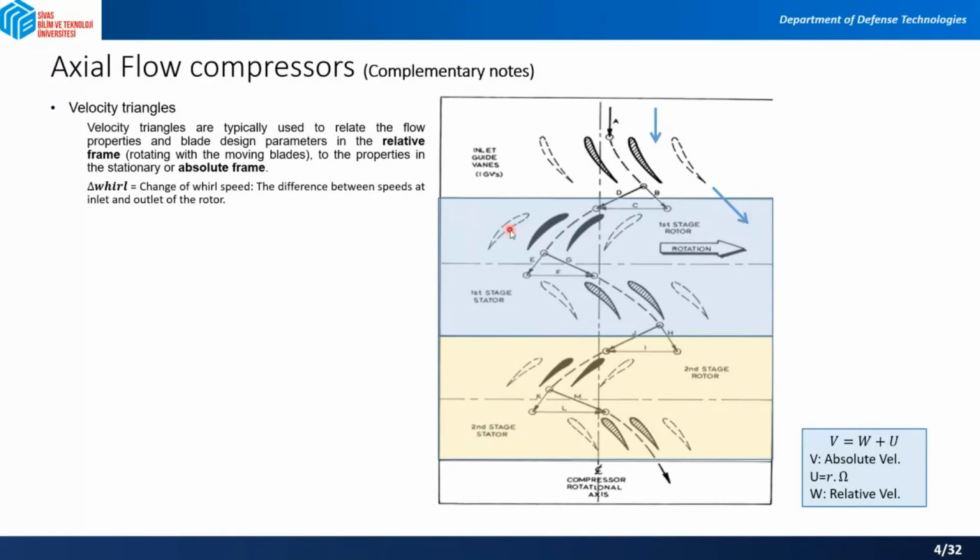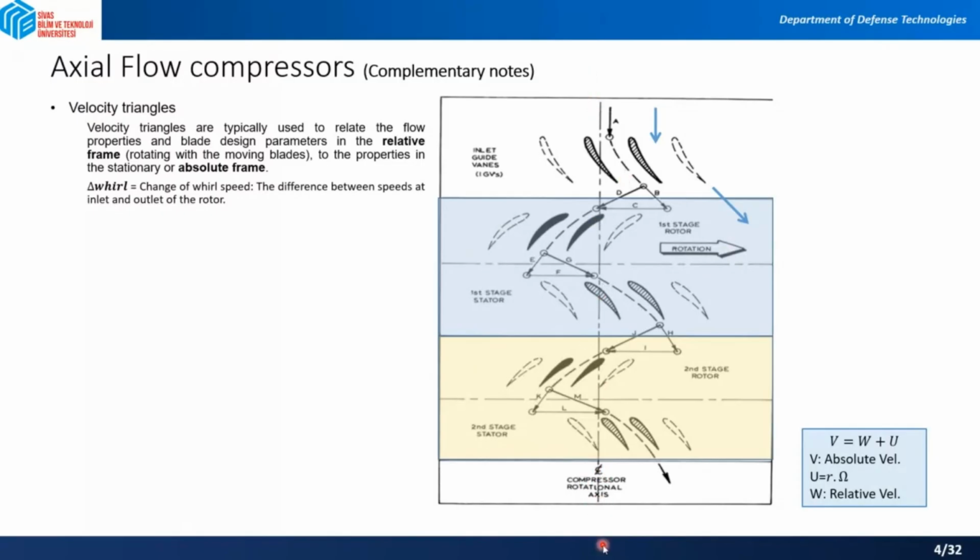And you have the rotation. So this is the first rotor row of the first stage. It is rotating, and the direction of rotation is from left to right. And as you can see, this is the axis of the compressor.